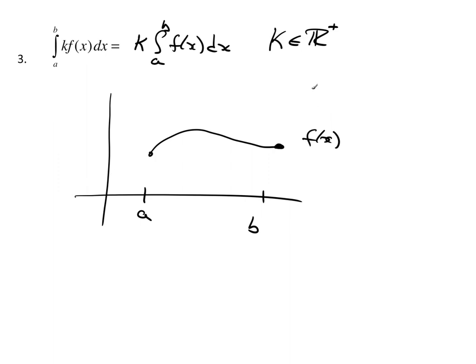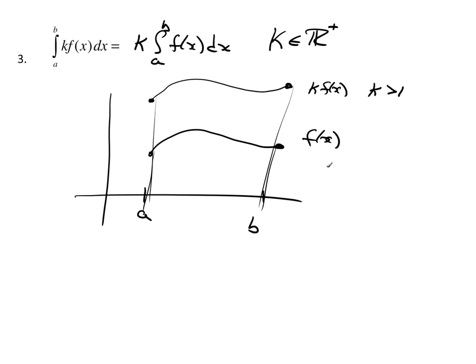Well, k times f of x, specifically for k greater than 1, is going to be up here somewhere. It's going to be the exact same looking curve. It's just multiplied by k. So every point gets multiplied by k, so it's k times bigger. So what happens? The area gets k times bigger.